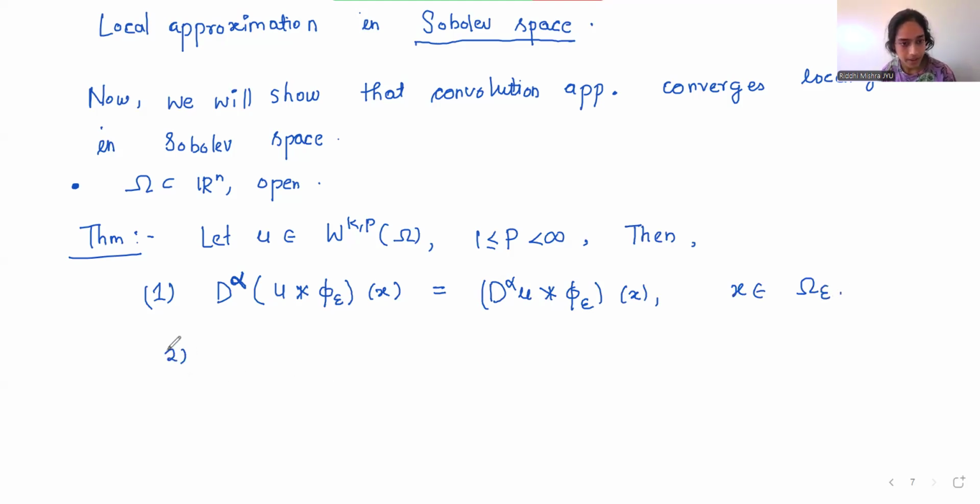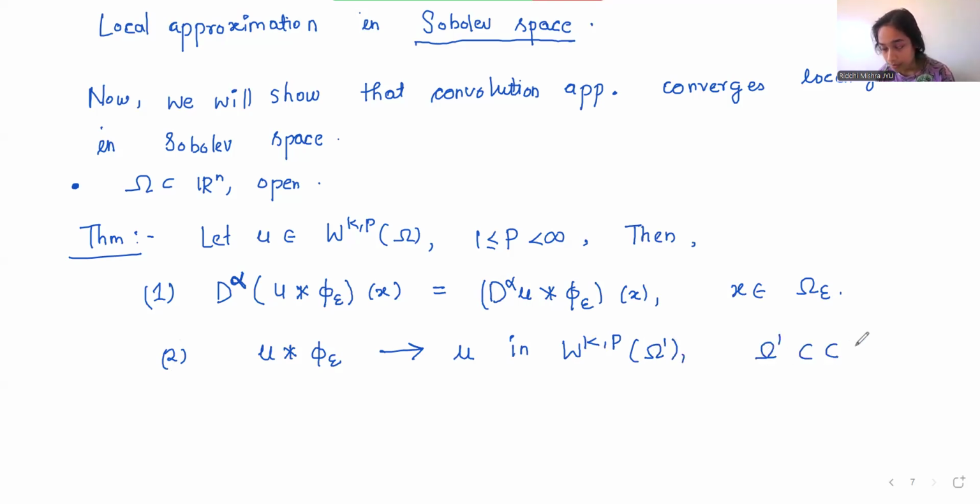And the second is that u convolved with phi epsilon converges to u in W^{k,p}, where omega prime is compactly contained in omega.